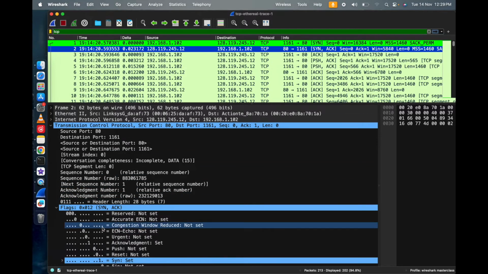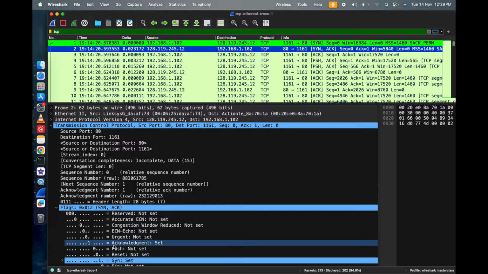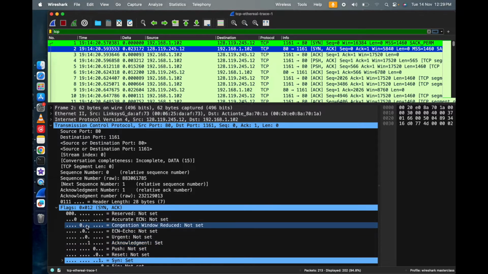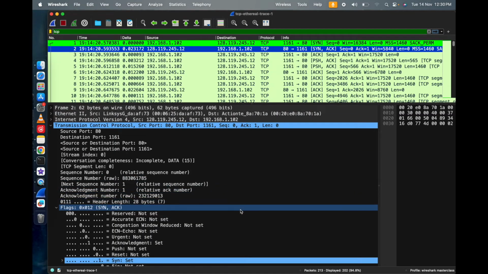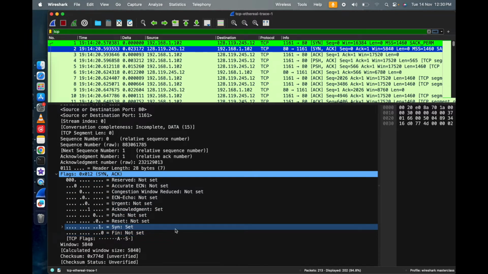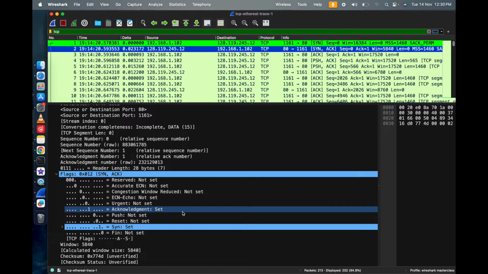Over here the sequence number is 0 and the acknowledgement number is 1. It is determined by the website by adding 1 to the sequence number from the client computer. You can see that the SYN flag and the acknowledgement flag are set to 1, which indicates that this segment is a SYN-ACK segment.